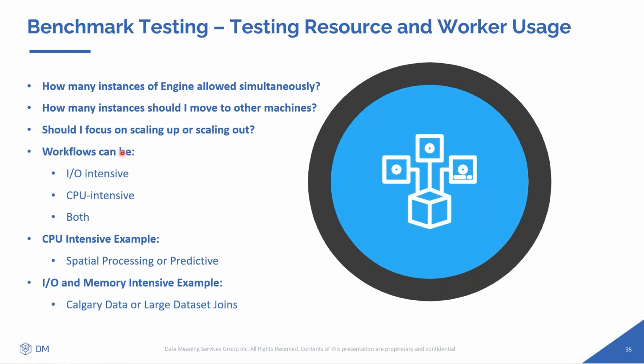Should I focus on scaling up or scaling out? You have a lot of different types of workflows, IO intensive or CPU intensive. For the CPU, you have spatial processing, and for IO, you have large data sets, and also memory intensive work for large data set joins. All right, so that's what we're going to be testing today.